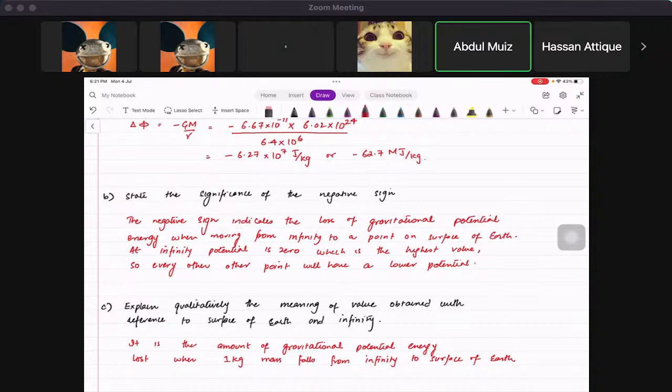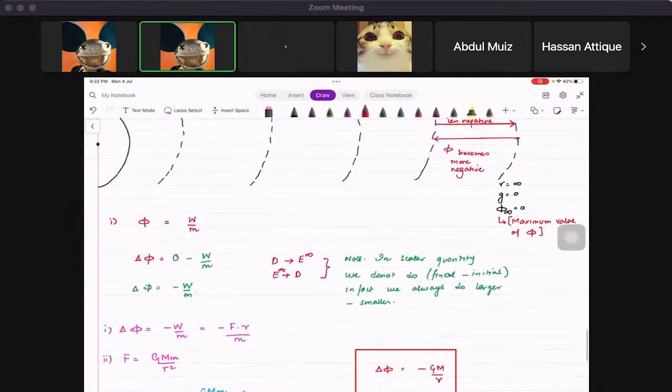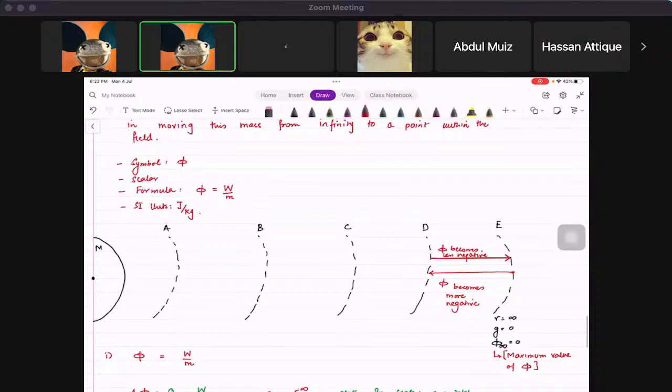Excellent. Sir, a question. Yeah. So if it's going towards infinity, the value means the change will be positive, right? But the actual value, like at the surface is minus 62.7, right?